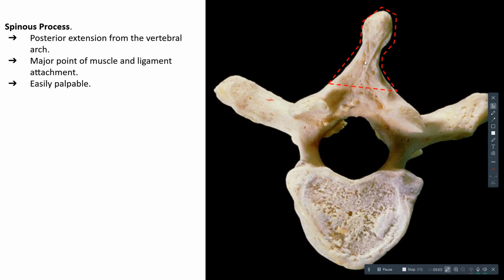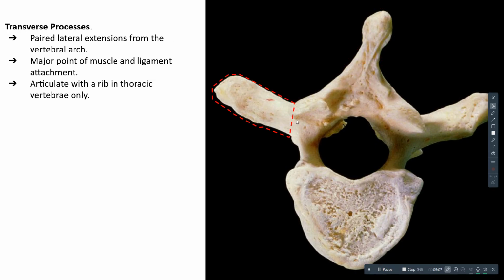Now, they're not the only process, though. I also have a pair of lateral ones. Each of these lateral processes is called a transverse process. So this is a transverse process here, and then we have another transverse process over here. Muscles are going to attach to them, ligaments are going to attach to them, and in thoracic vertebrae, they are going to articulate with a rib.